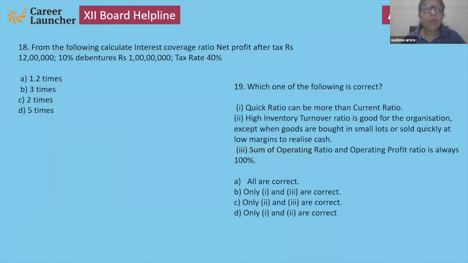Now, please come to know the next formula of solvency ratio, that is interest coverage ratio. Net profit after tax 12 lakh, 10% debentures and tax rate 40%. Yes, children, now try to do this question fast. I'm going to help you out with calculating this formula.